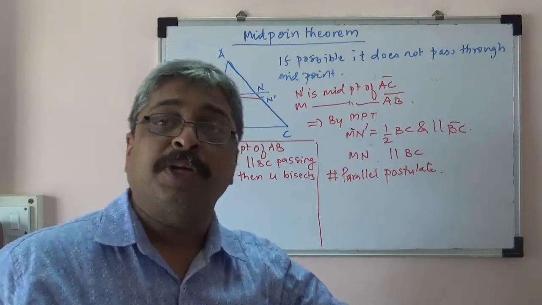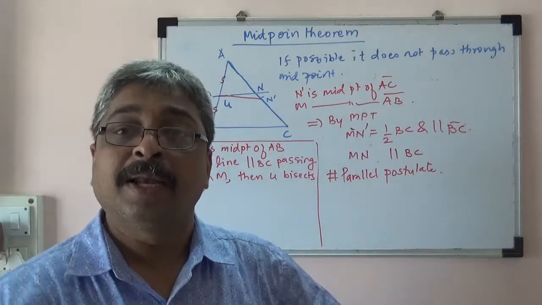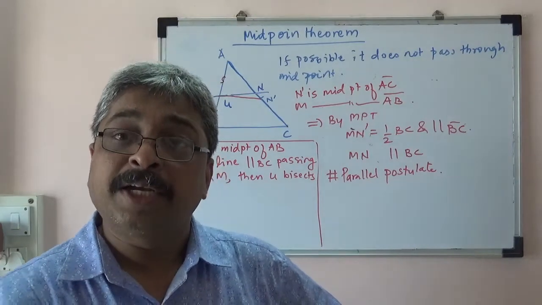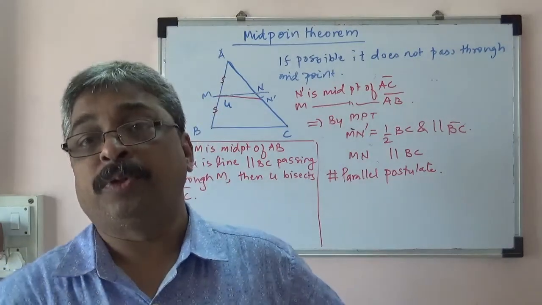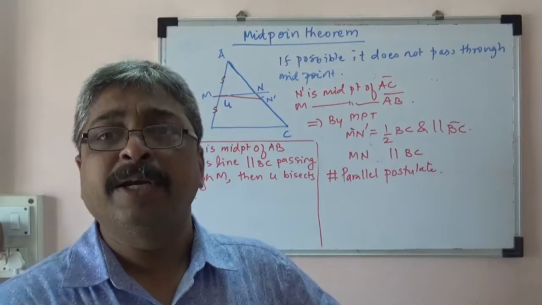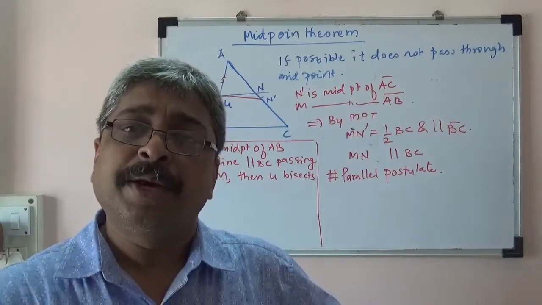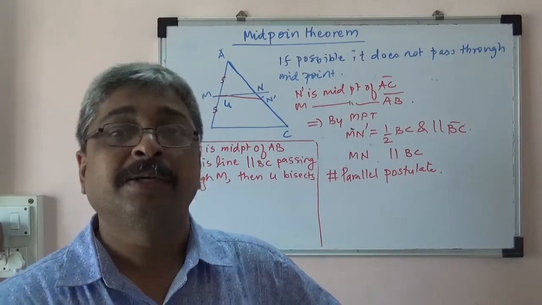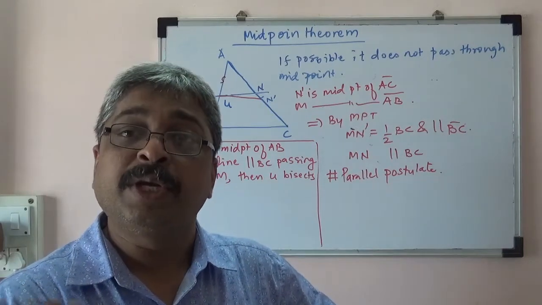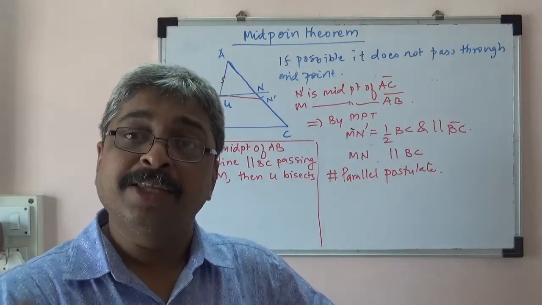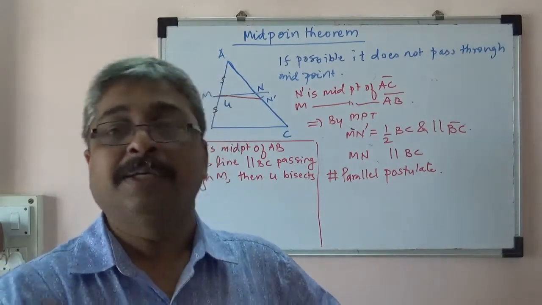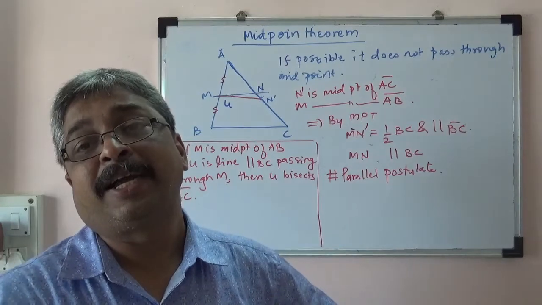Now, in this particular proof, we have assumed that line U will intersect AC. It also needs to be proved that it is not going to be parallel. It is easy but needs to be proved. So, a rigorous treatment of this converse requires, first, that line U intersects AC; second, that line U intersects AC between A and C; and third, that wherever it intersects, it is a midpoint.